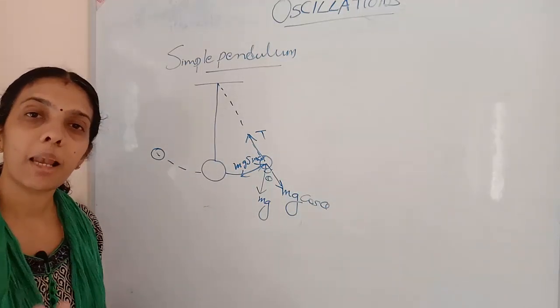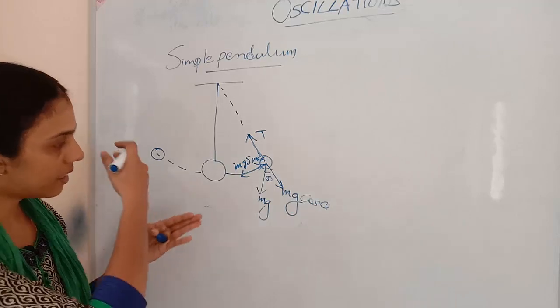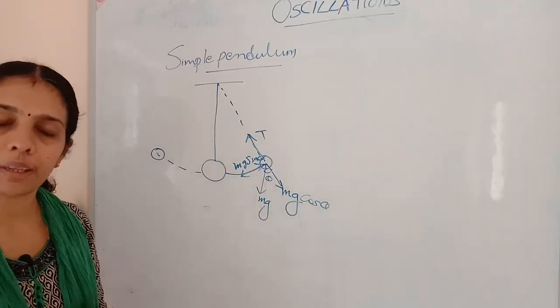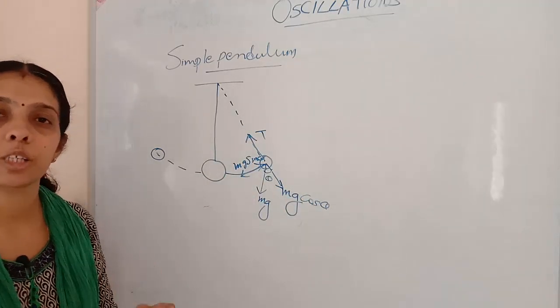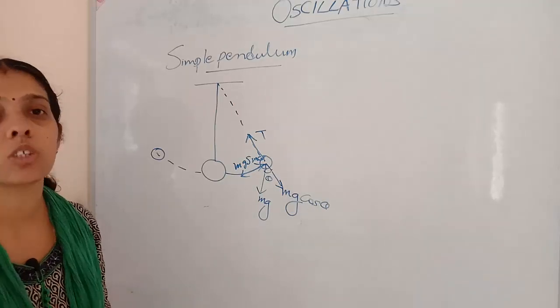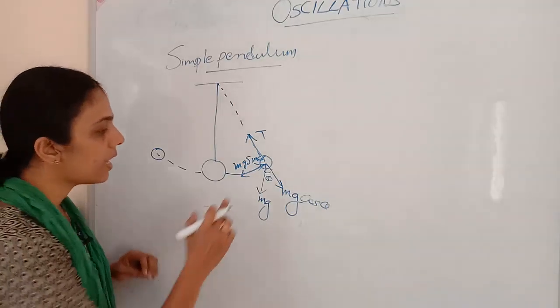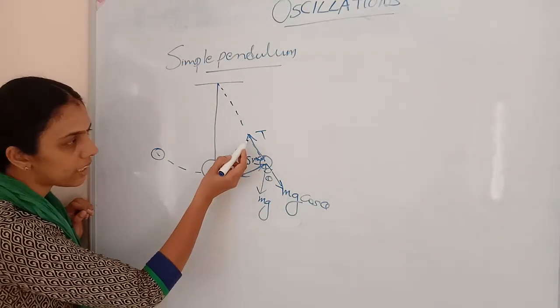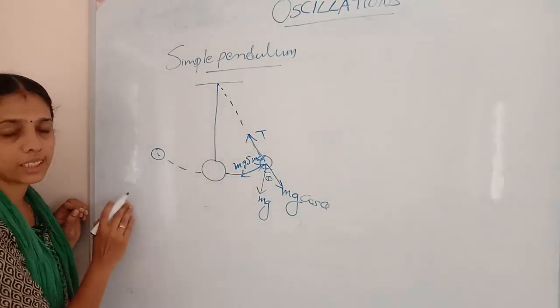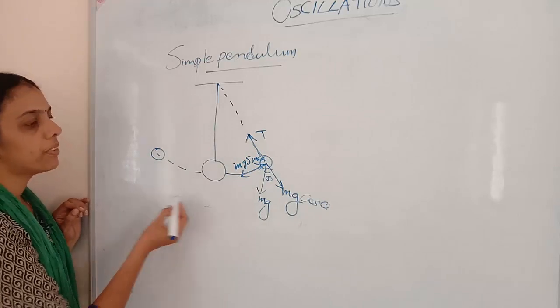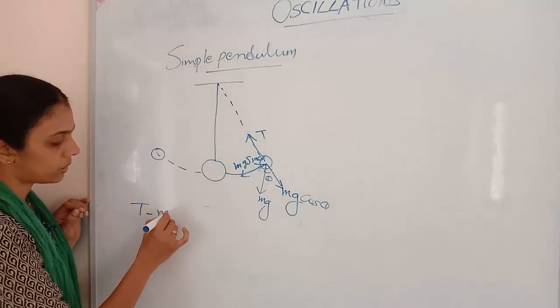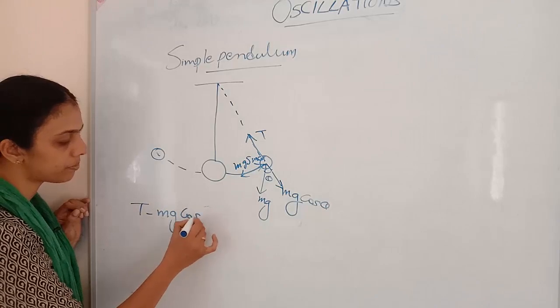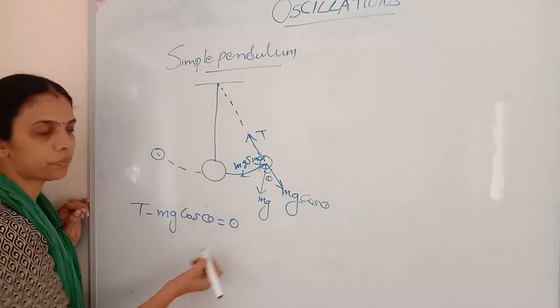Which component of force helps to provide the motion of the bob? We have mg cos theta and mg sin theta. mg cos theta is exactly opposing the tension, so T minus mg cos theta is equal to 0.